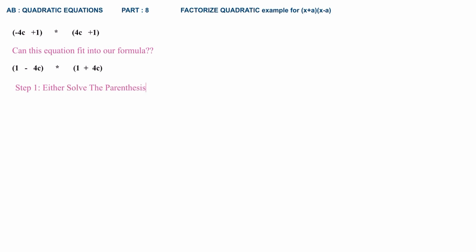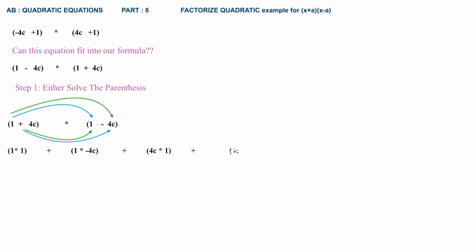Step 1 is either solving the parentheses the normal way, or because 1 times 1 plus 1 times minus 4c, and 4c times 1 plus 4c times minus 4c. 1 times 1 is 1 plus minus 4c plus 4c plus, so let's just see something right here.